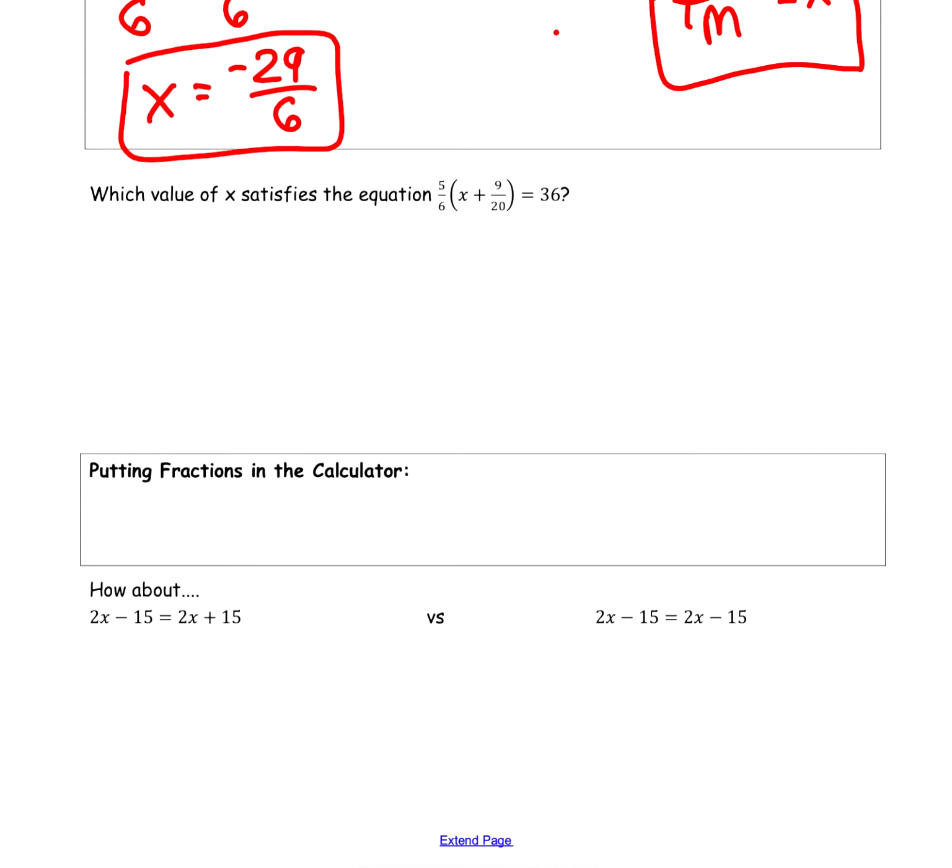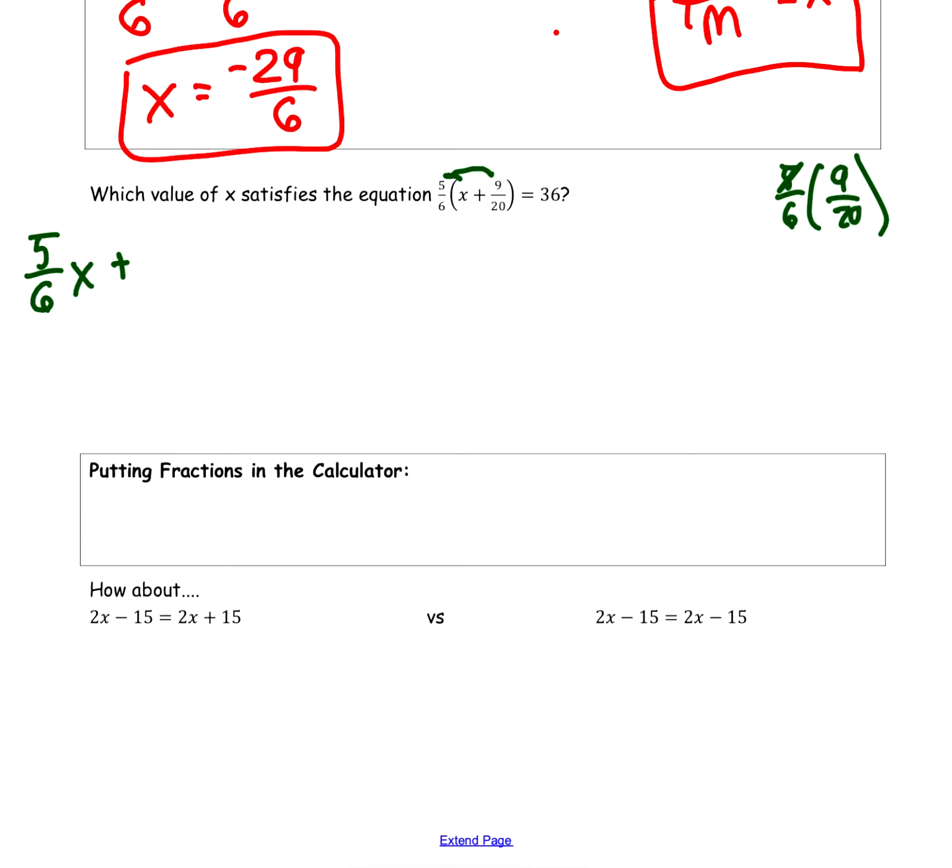So we're going to multiply our 5 over 6 to distribute the 5 over 6 into both terms in the parentheses. So that would be 5 over 6x plus, now 5 over 6 times 9 over 20. We can just do that off to the side. 5 over 6 times 9 over 20. If you're doing this by hand, you can also put it in the calculator.